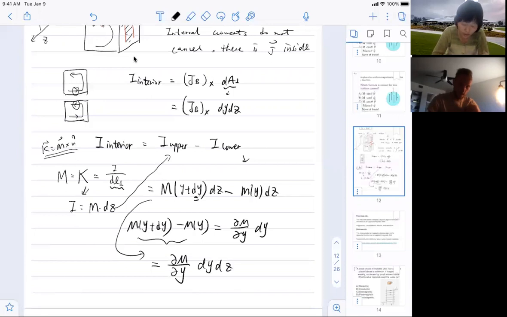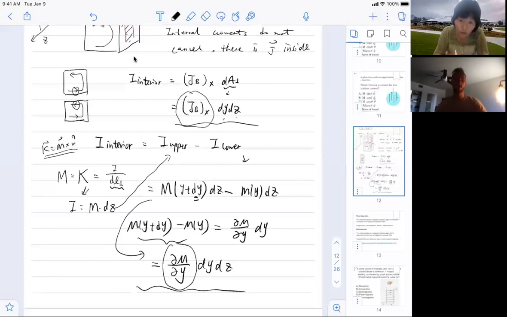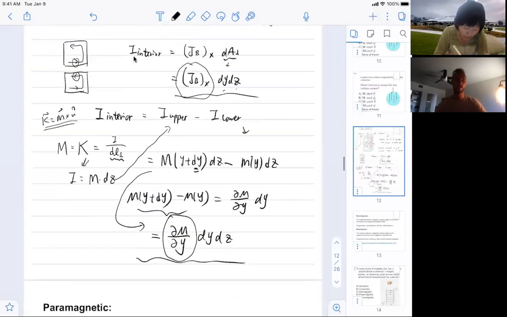At this point, I'm ready to compare this term to this term because they are describing the same interior current. You can see that they all have dy dz, which means this term should also be equal. So I know that the J bound that is flowing in the x direction is equal to the derivative of magnetization over dy.